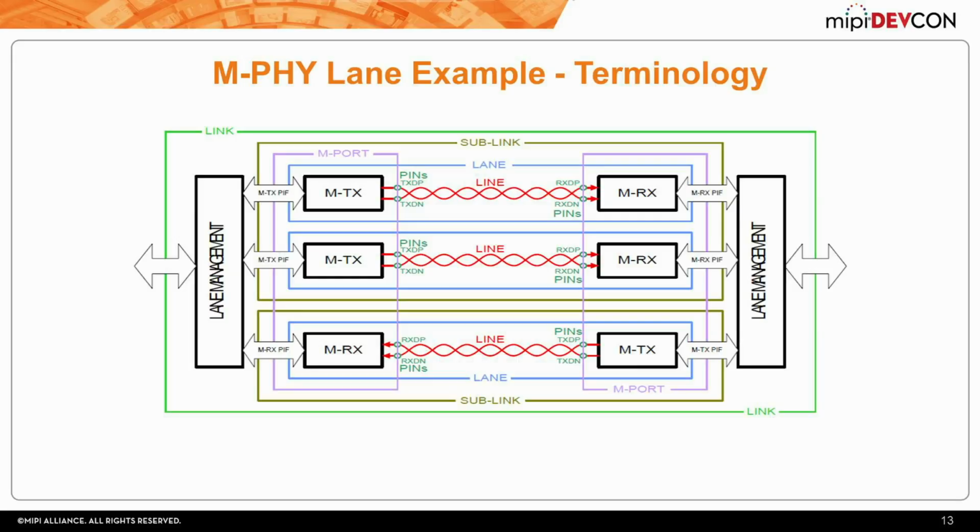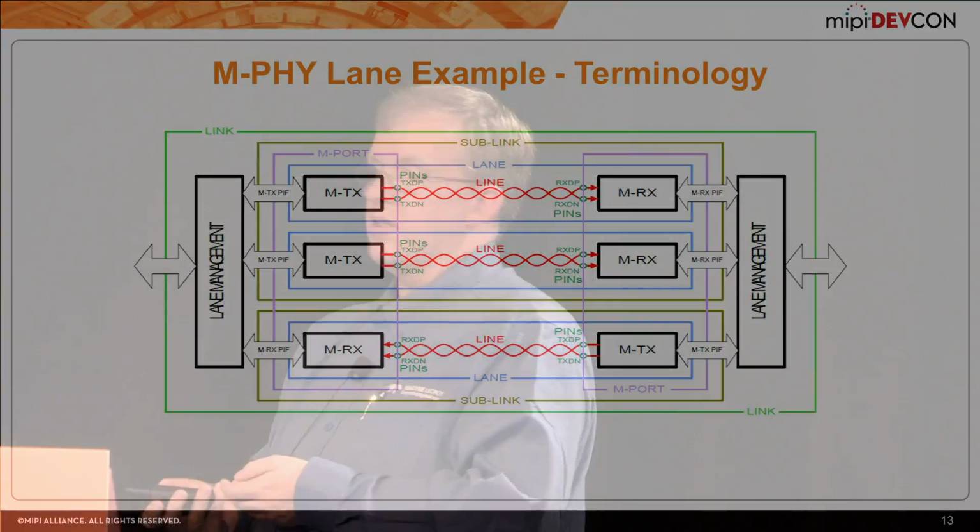So M-PHY allows you to have asymmetric links. In this case, you could have two lanes in one direction and one lane in the other direction consisting of a link. Now, the upper layer protocols might specify what is allowed in the lower layer M-PHY. So that, for example, UFS may specify that you can only use a certain number of lanes in M-PHY, although M-PHY's specification allows for more than what UFS recommends.